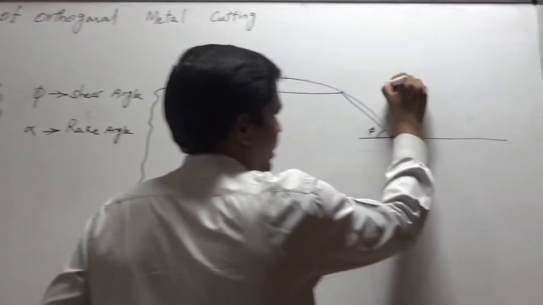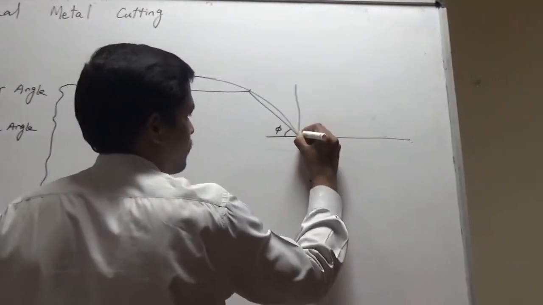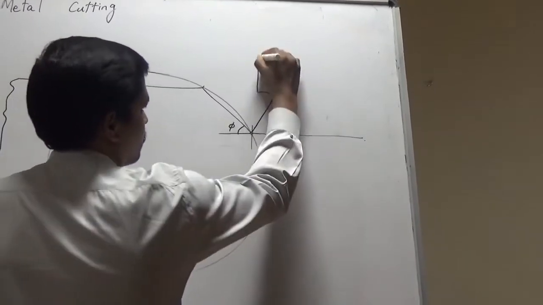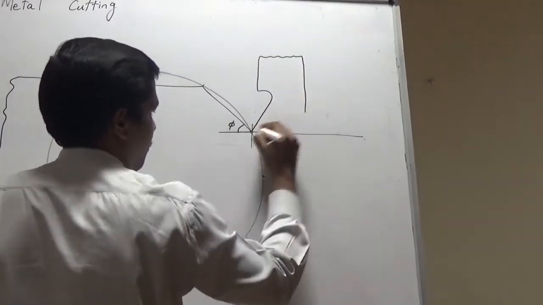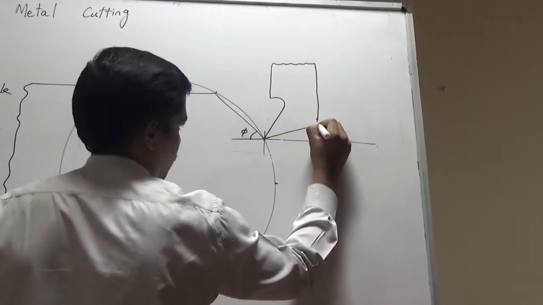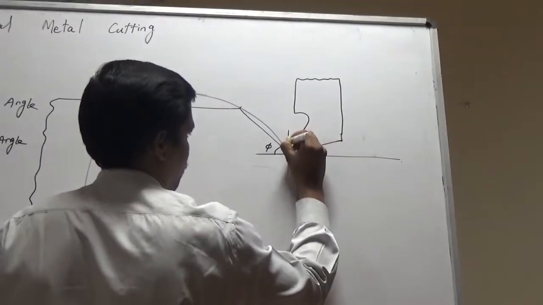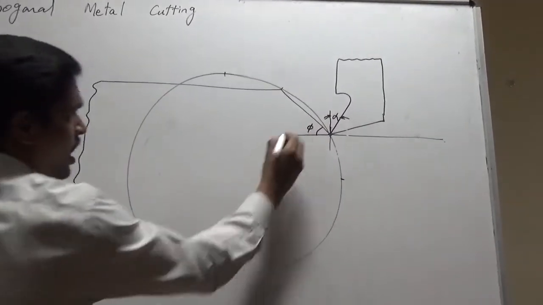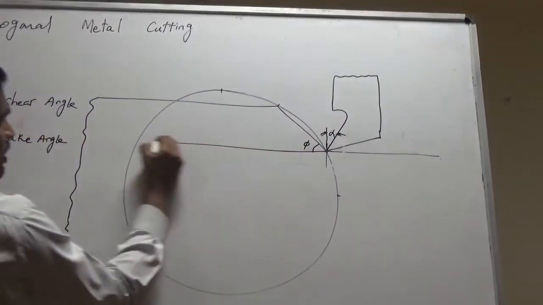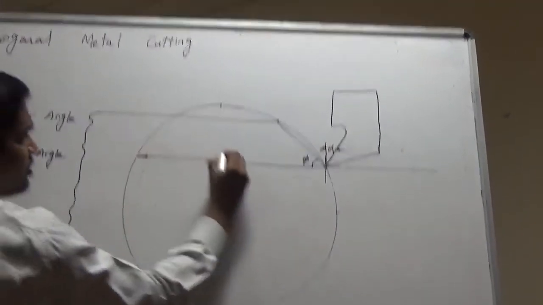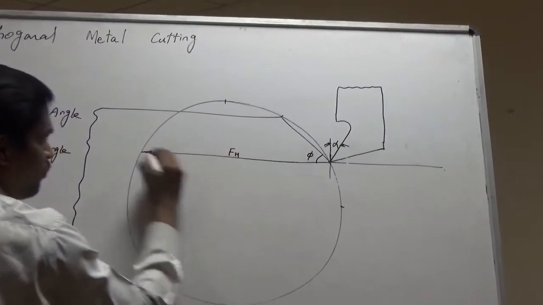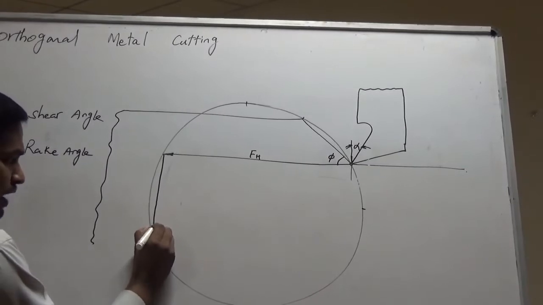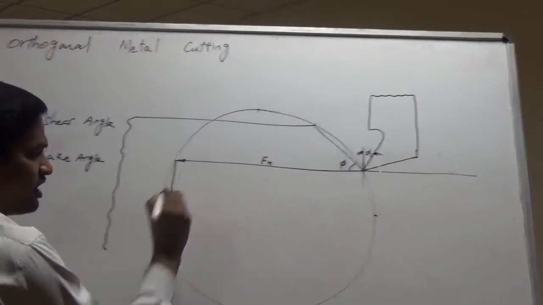So on the cutting tool here I can construct the rake angle alpha again, and I am drawing a horizontal line which is FH, the horizontal force along the primary motion of the tool, and this is FV, the vertical force.